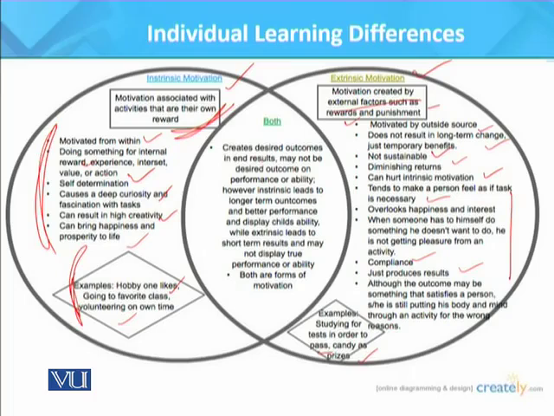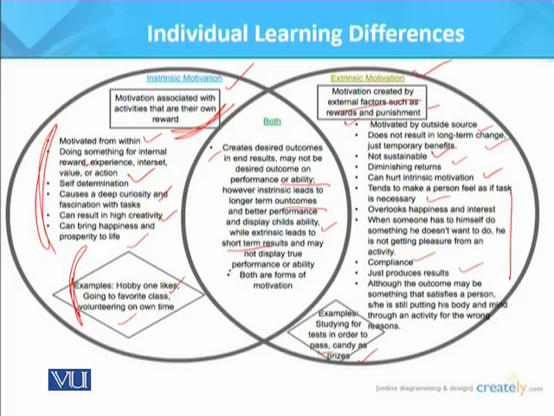Now when we have this overlapping, we see that both intrinsic and extrinsic create a desired outcome in the end, though it may not be the desired outcome on performance or ability. However, intrinsic leads to long-term outcomes, better performance and displays the child's ability, while extrinsic leads to short-term results and may not display true performance.